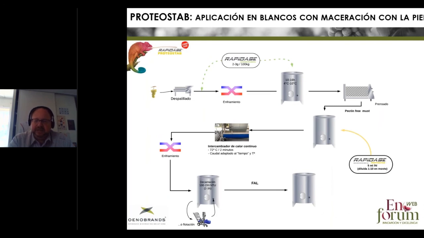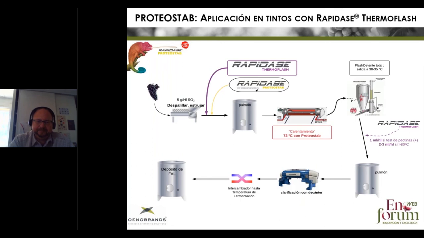And also because we already had the question, can we use this protease during red vinification, especially with heat treatment, flash détente, or thermovinification, since some wine buyers require wine without any residual protein.